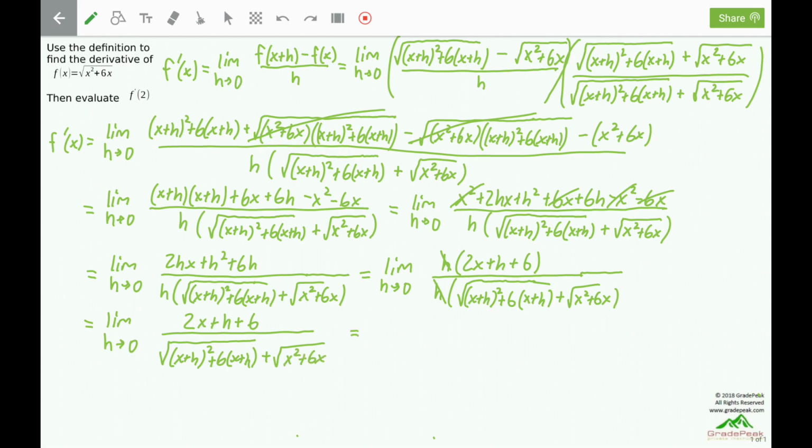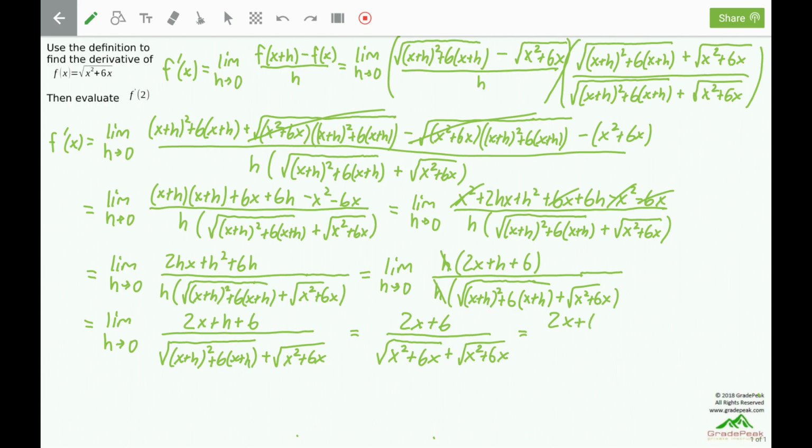And we can plug a 0 in for all of the h's. Now that will give us in the numerator a 2x plus a 0, which we don't have to write, and then plus 6. And then the denominator, it will be the square root of x plus 0, which is just x squared, plus 6 times x plus 0, which is just going to be 6 times x. And then that will be added to another x squared plus 6 times x.